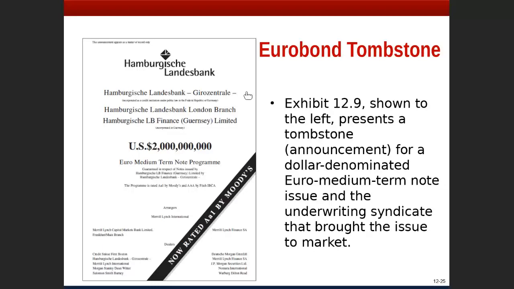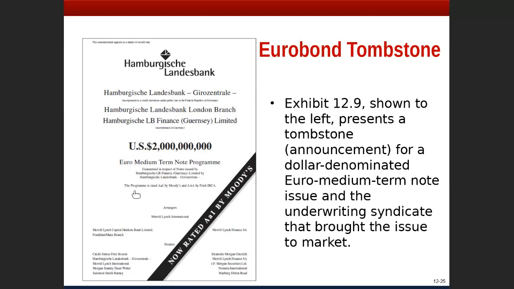Okay. This is a Eurobond tombstone, which is just an announcement, right? This exhibit here, exhibit 12.9, presents a tombstone or an announcement for a dollar denominated Euro medium term note issue and the underwriting syndicate that brought the issue to market.